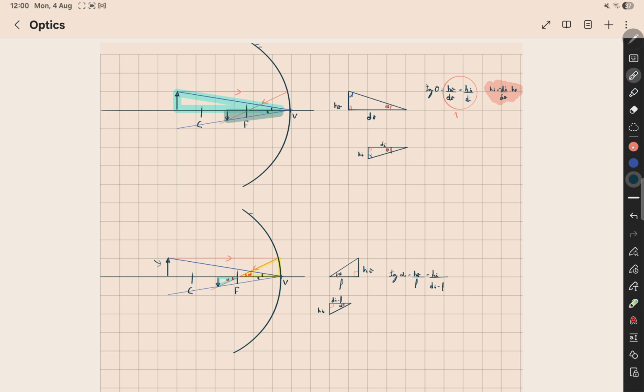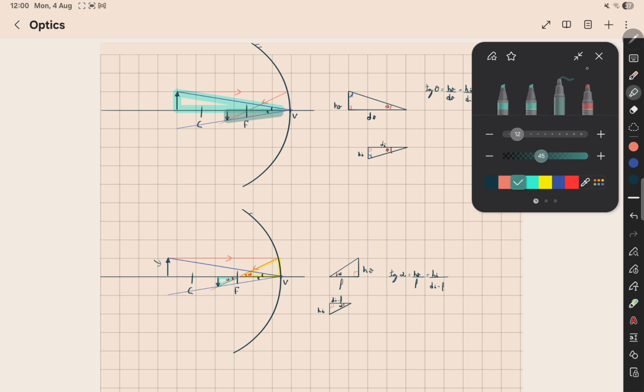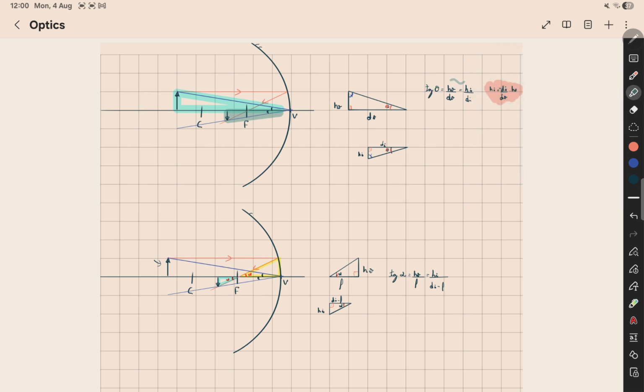So what's the next step now? We have everything, we just need to give a little bit of massage to the equations to get where we want. So I will combine this equation with this equation.